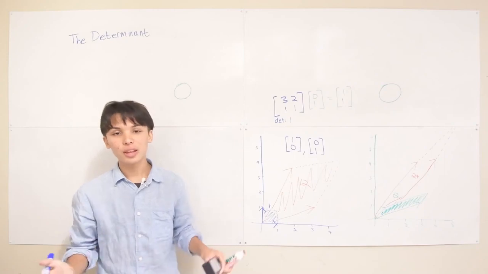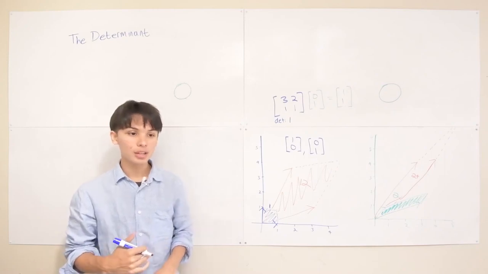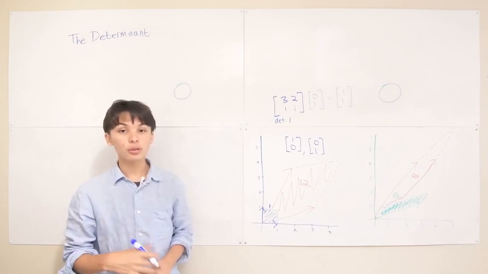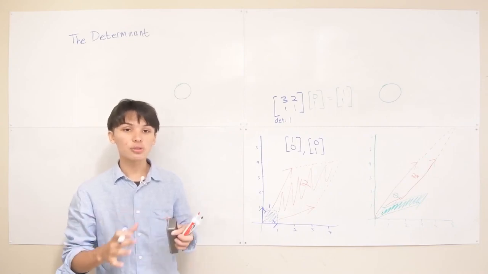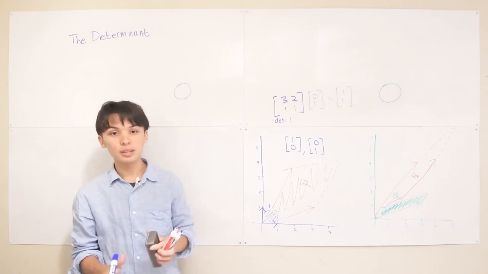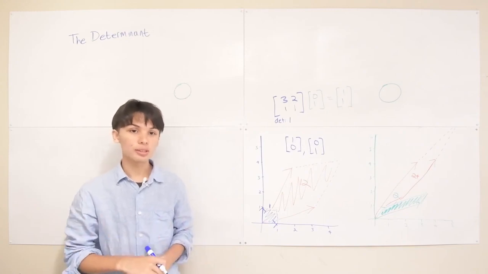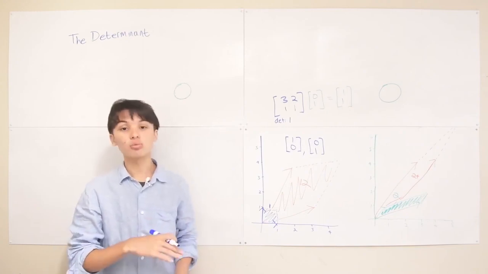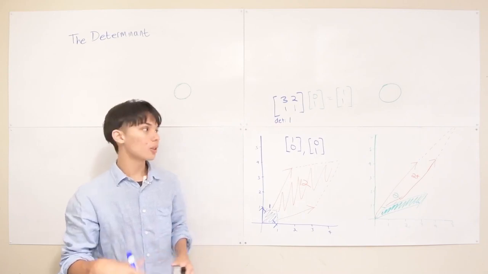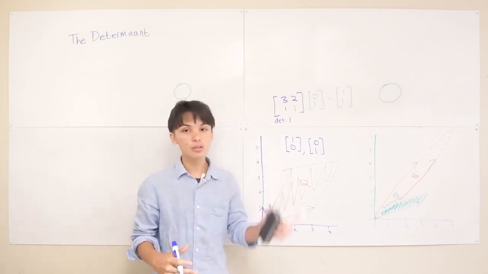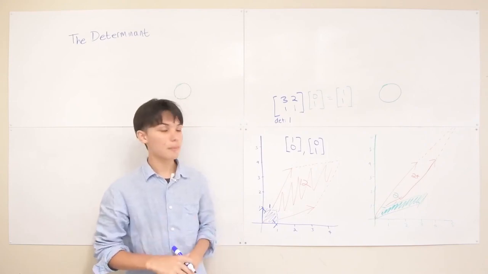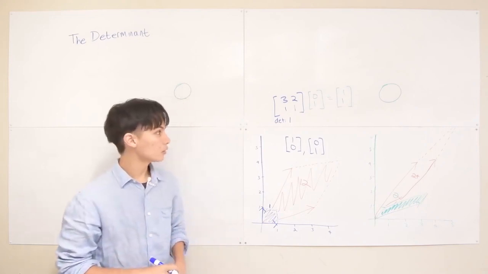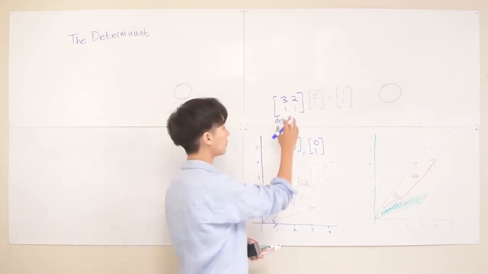You can think back to our lecture in SVD and how we learned that orthogonal matrices Q do not change or stretch space. They just rotate space. If you think of an orthogonal matrix as a linear transformation, they just rotate space. So then logically you can think that orthogonal matrices have a determinant of 1, but they don't stretch or scale space. Okay, so that's just one quick note I wanted to make.